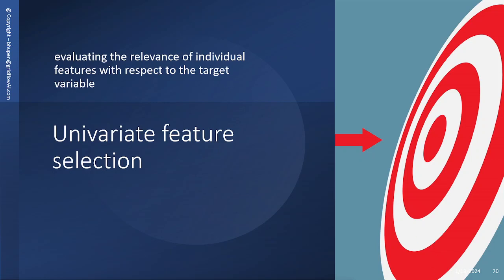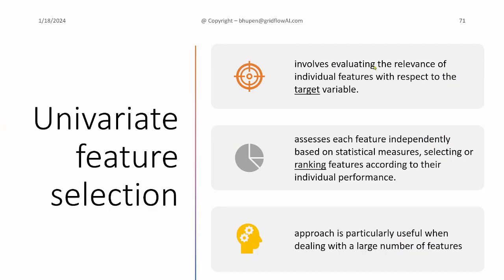That means we are looking at whether the columns X1, X2, X3 have a strong association with the Y column or not. Univariate means single variable. So it involves evaluating the relevance of individual columns with respect to the target column.